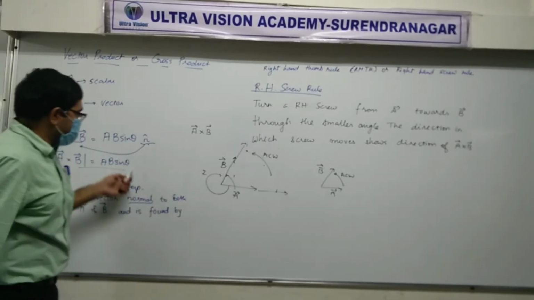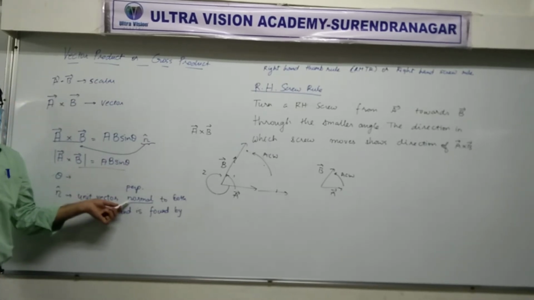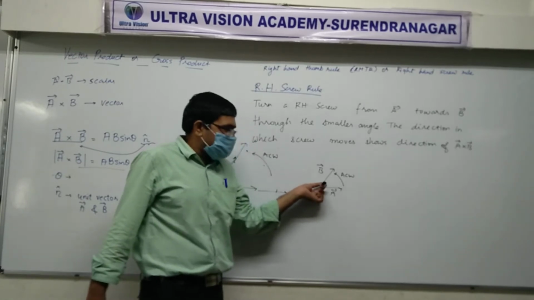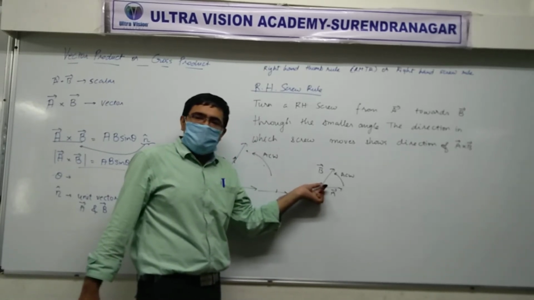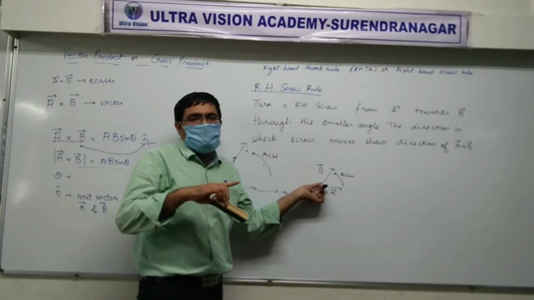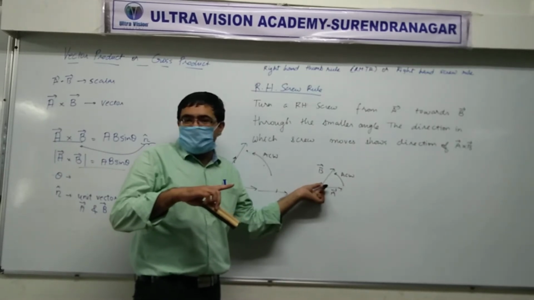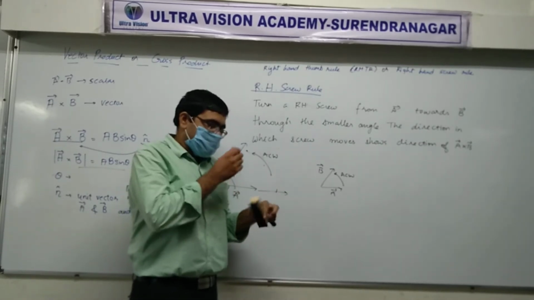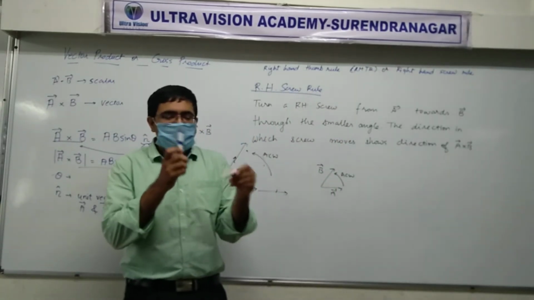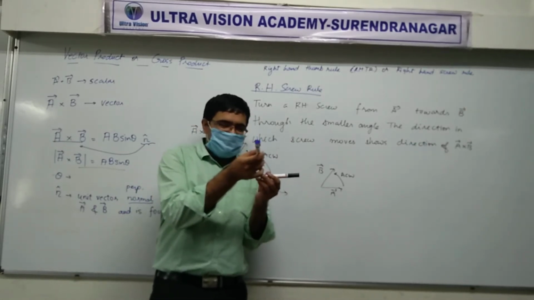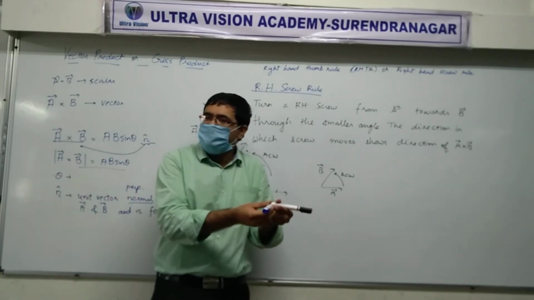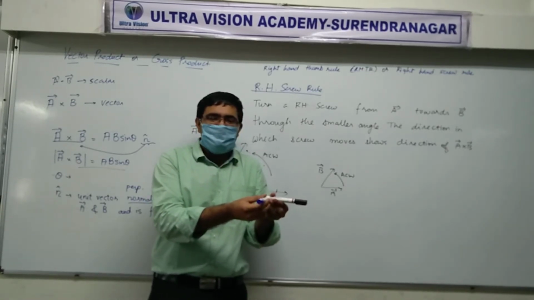Now you know why this is called n: n is for normal. Why am I saying normal? Look at this pen, I am placing it like this. This pen is perpendicular to the board. Yes or no? It is perpendicular to A vector and it is also perpendicular to B vector. I hope you get that. Tricky to see; some people do not notice it the first time. If you have this as n vector, then A vector and this, you see the angle between them is 90. I have not done anything except change the viewpoint.